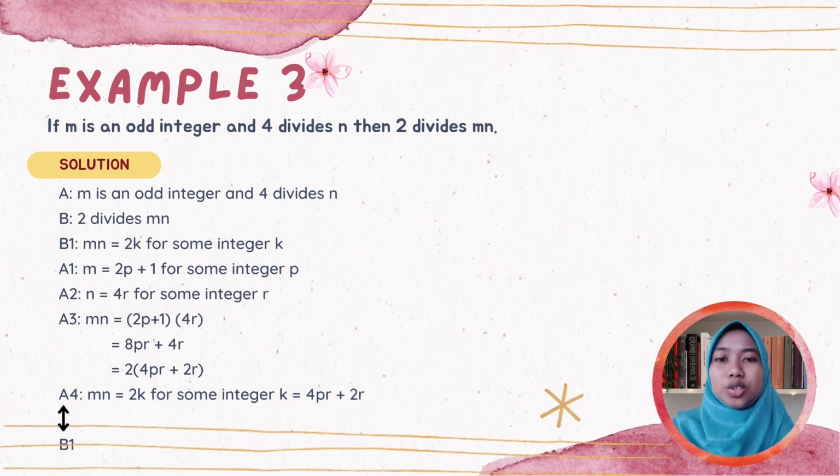A3: substitute m and n into mn and we get (2p plus 1) multiplied by 4r, equal to 8pr plus 4r, and factorizing out 2, we get 2 multiplied by (4pr plus 2r). A4: mn equal to 2k for some integer k equal to 4pr plus 2r. So this is the proof for B1.